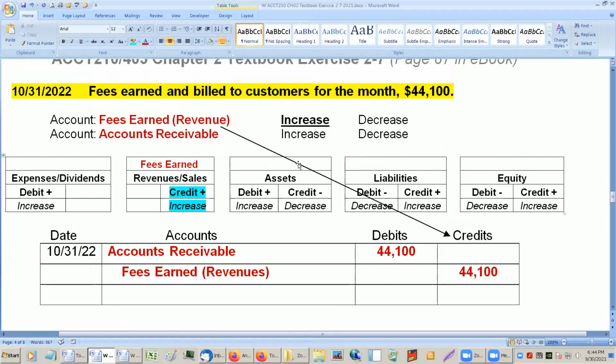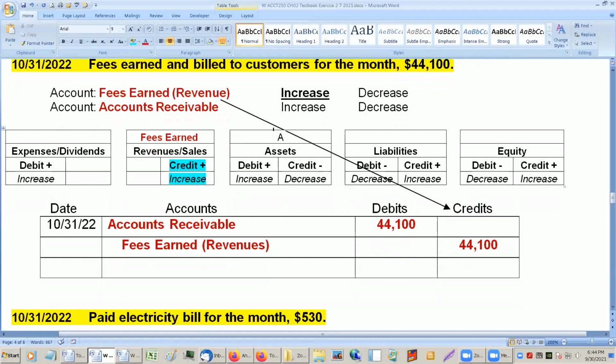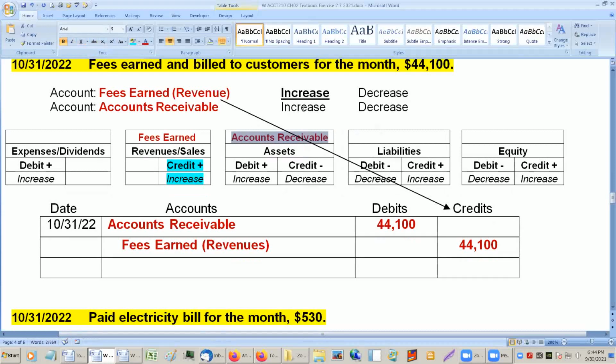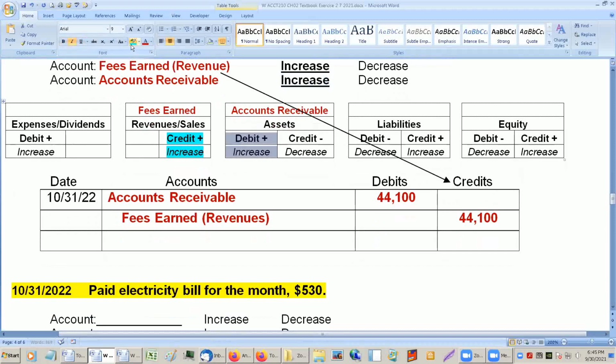So it's going to be fees earned and accounts receivable. Accounts receivable is increasing. They owe us money now, so it'll be a debit. But you already knew that. You get the revenue as a credit, you know what the accounts receivable is. Oh, and accounts receivable could be AR.